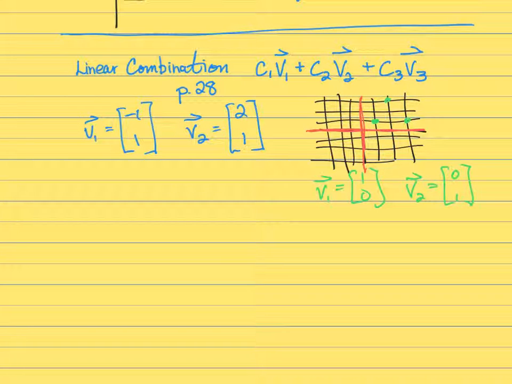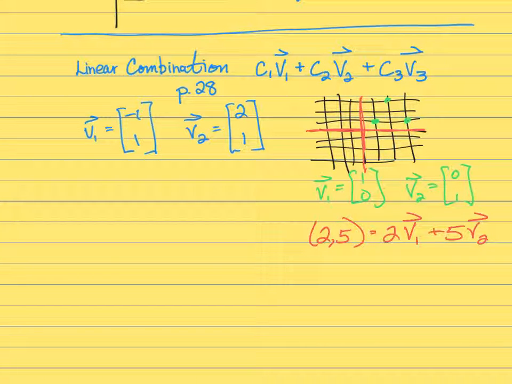And so when we talk about, say, the point 2, 5, that's actually, graphically, in terms of vectors, 2 of the V1 vectors plus 5 of the V2 vectors, and that gets you to the point 2, 5.